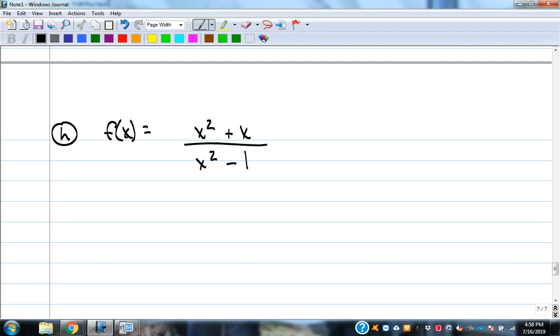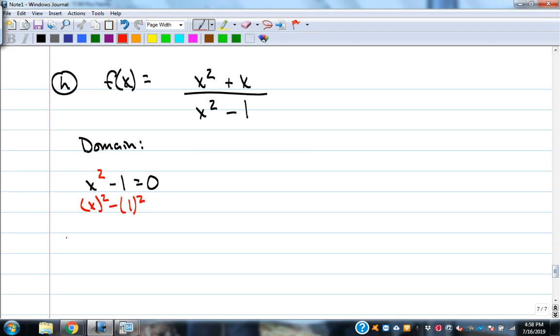So for this one, we're going to start with the domain. I'll set x squared minus 1 equal to 0. And remember that my job is to simplify next. The last example we had didn't simplify. Because that has an x squared on it, that tells me I need to try factoring with this. And x squared minus 1 is a difference of squares. It's x squared minus 1 squared.